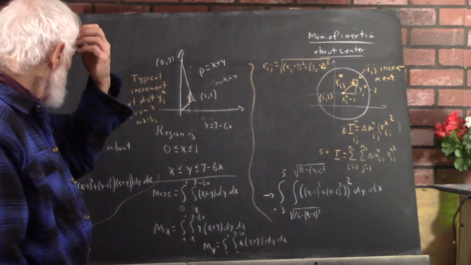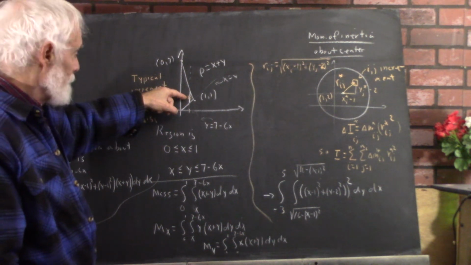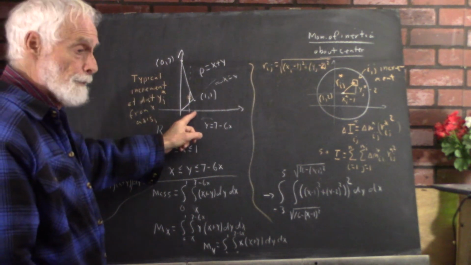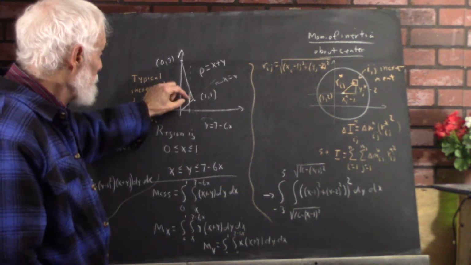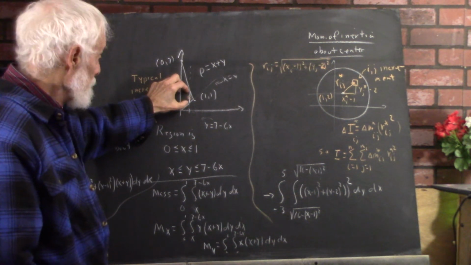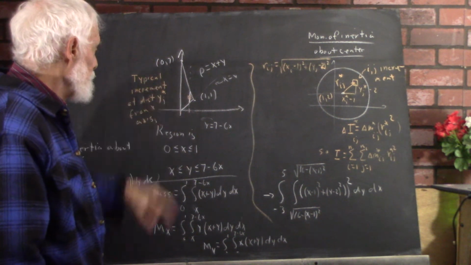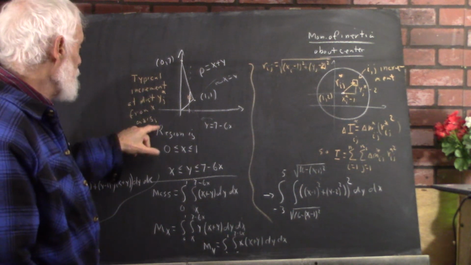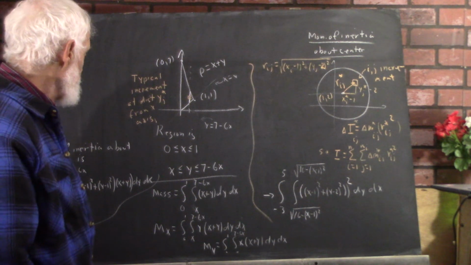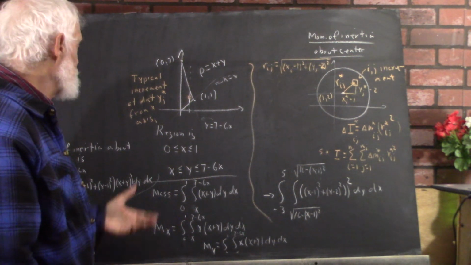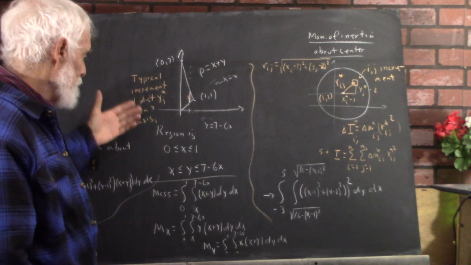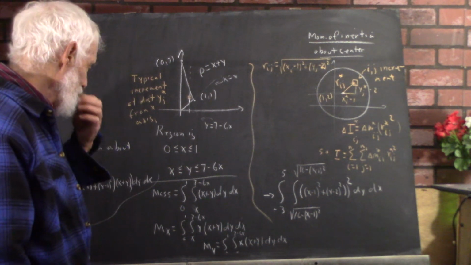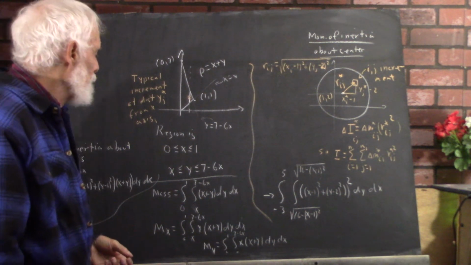Now your typical increment here, now you're partitioning x from here to here, and then for every x, you're partitioning y from here to here. Your typical increment that you get is a distance yj star from the x-axis and at distance xi star from the y-axis. I didn't write the distance from the y-axis down.